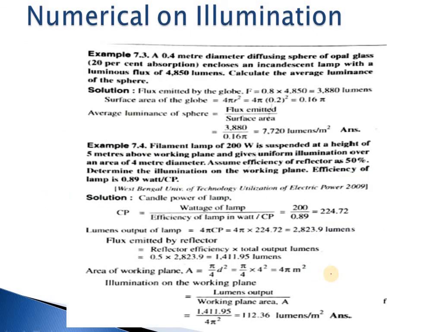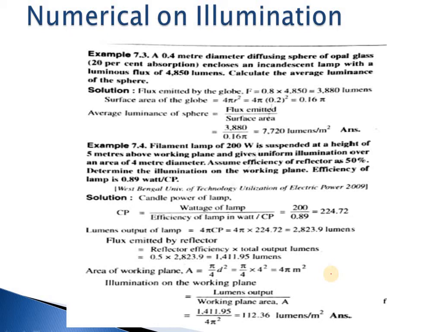Third problem. A 0.4 meter diameter diffusing sphere of opal glass, 20% absorption, encloses an incandescent lamp with a luminous flux of 4850 lumens. Calculate the average lumens of the sphere.